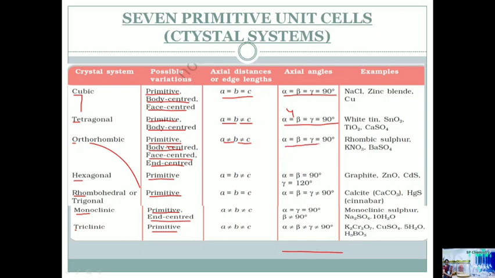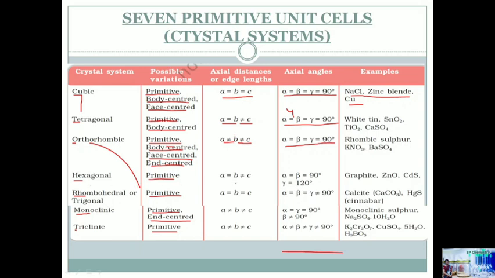Alpha is equal to beta is equal to gamma is 90. Then examples you can remember here. Some examples are given, but objective questions are asked directly from edge length, axial angles or interfacial angles, and examples also you can remember.